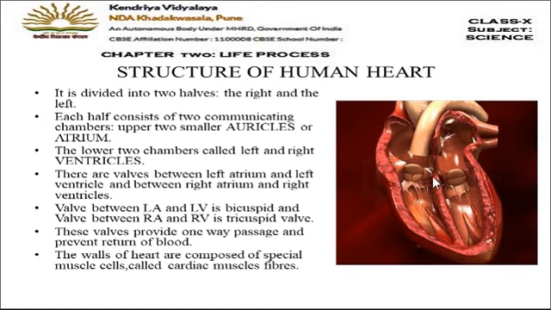And in between the right atrium and the right ventricle also a valve is present, but it has three flaps, so it is called tricuspid valve. I hope this is clear to you all, that the valve between the left atrium and left ventricle is bicuspid valve, and the valve between the right atrium and right ventricle is tricuspid valve.